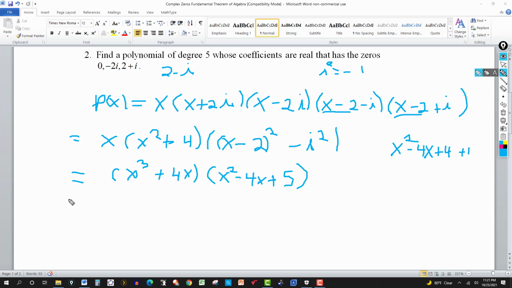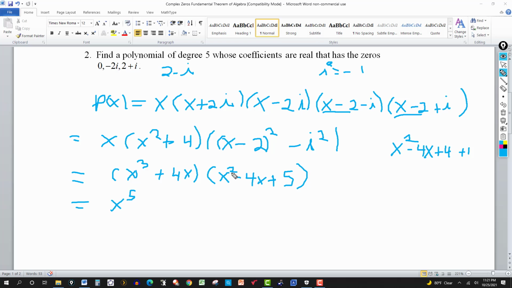So let's do this. I'm going to multiply through by the x cubed. So x cubed times x squared, that's x to the 5th. Okay, multiplying the second factor here, the trinomial, by x to the 3rd.